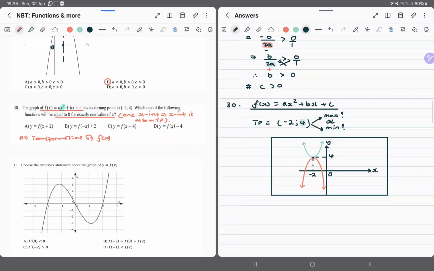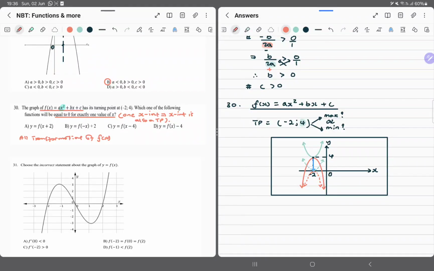So let's see what must happen here. For us to have only one root, there's only one direction we can move our graph. We have to move it down to the x-axis. So if we move it down to the x-axis, this graph is either going to look like this, because we still don't know, or it's going to look like that.